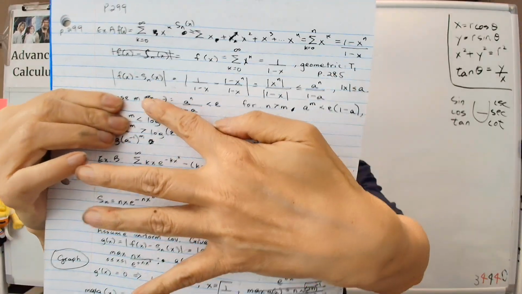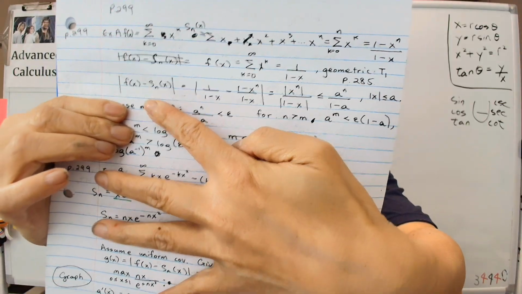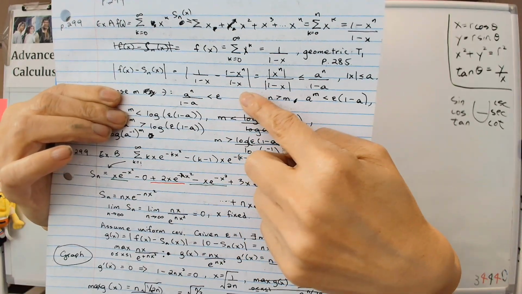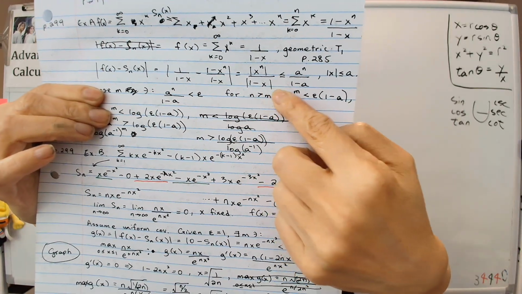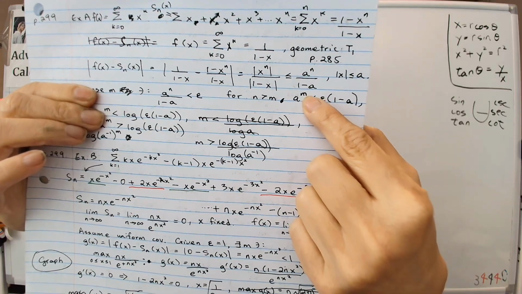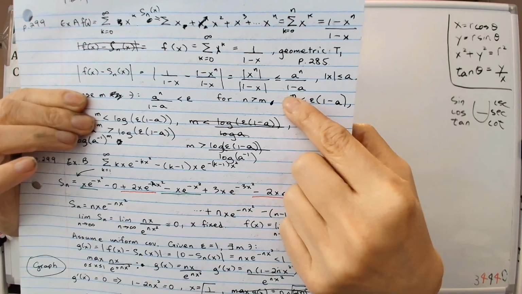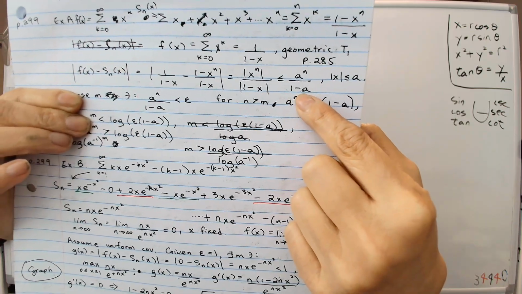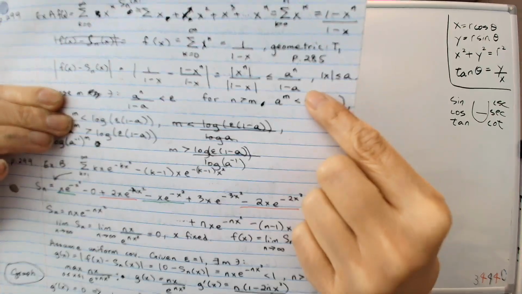Then if we calculate the hard way, f(x) minus Sn(x), which gives you this thing, and then do some algebra, which is this, and if x is less than a, then this whole thing is going to be bounded by this value right here, as long as x is less than or equal to a.